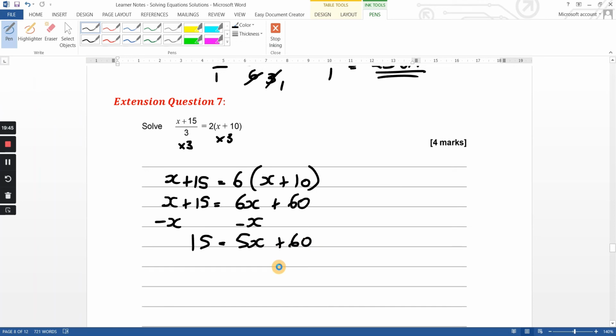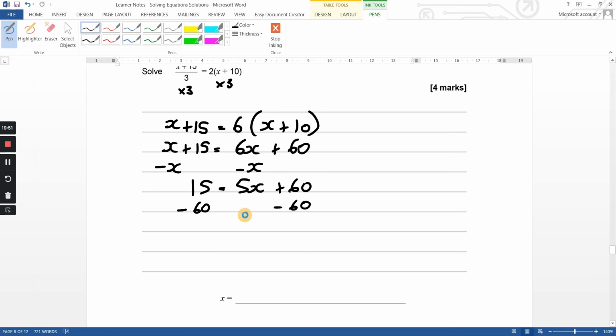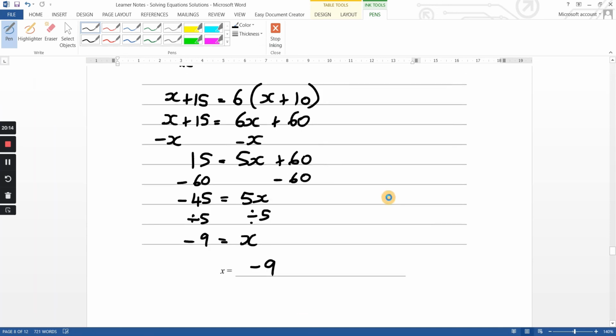Let's get rid of the 60. Minus 45. And now divide both sides by 5. So that's going to be minus 9 equal to x. x equals minus 9. 4 marks for that.